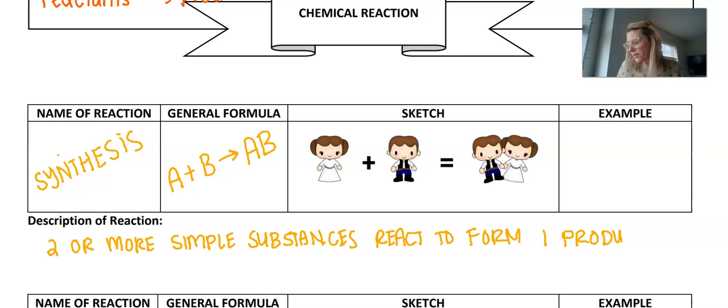I want to be clear here, it doesn't have to be just element plus element becomes compound. You can also have an element plus a simple compound becoming a more complex compound. The easiest way to remember it is if you end up with just one substance on your product side, it's likely a synthesis reaction.